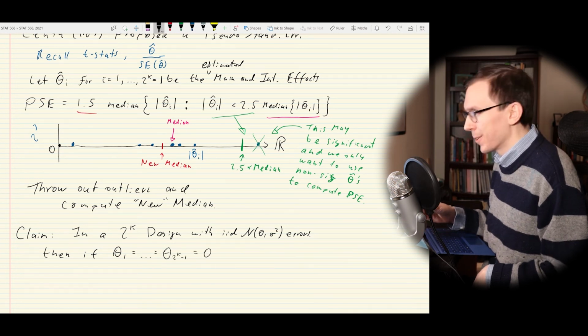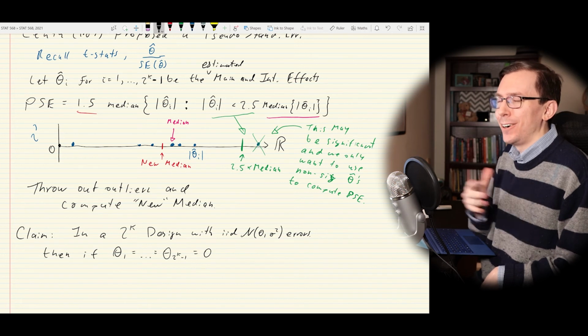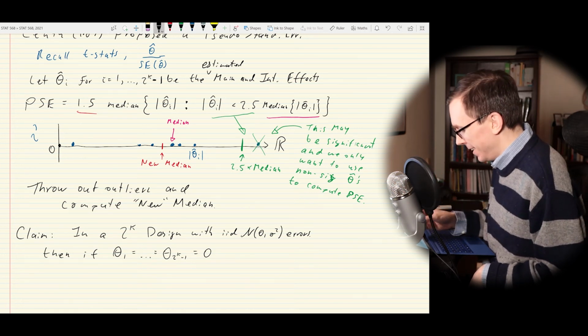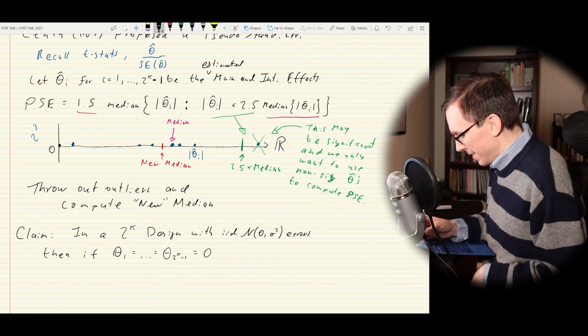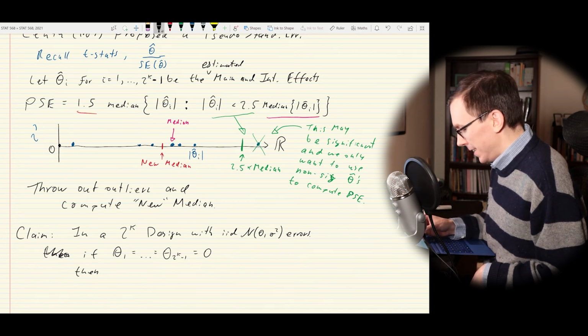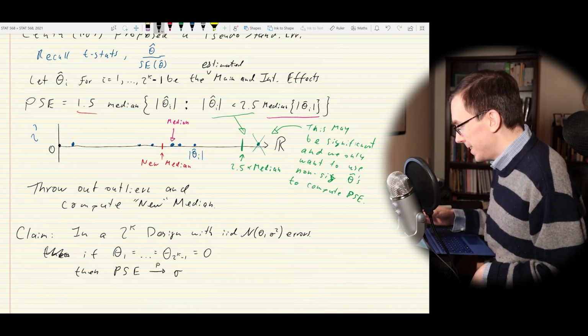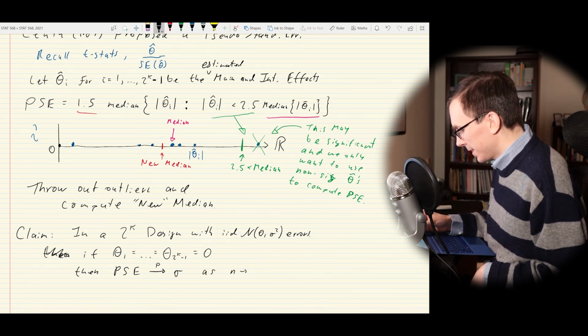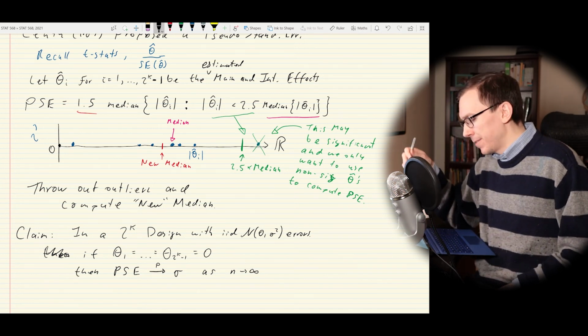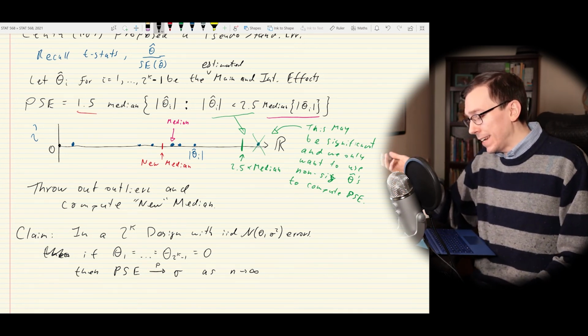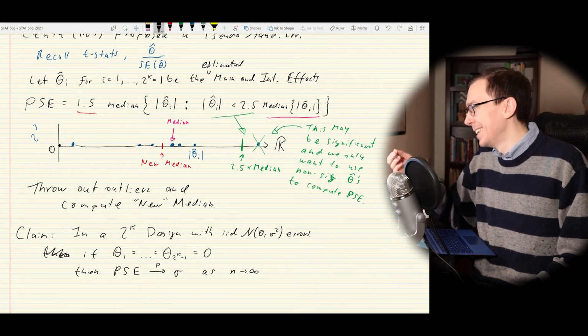if all of them are 0, so in this case, nothing at all is interesting in our data experiment, then the pseudo standard error converges in probability to sigma, the square root of the variance or the standard deviation, as n goes to infinity.